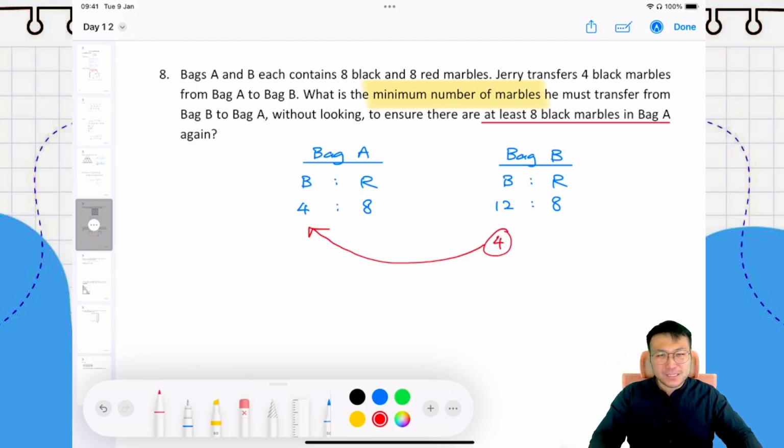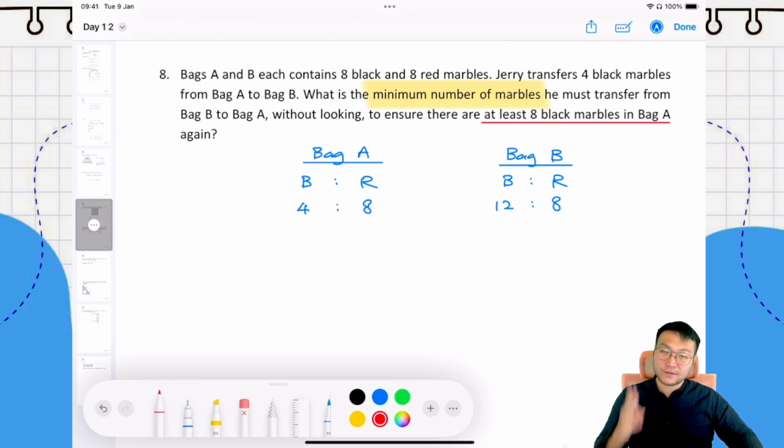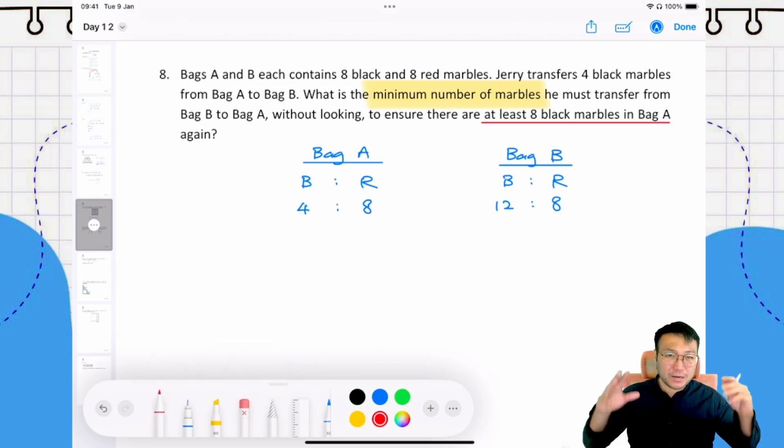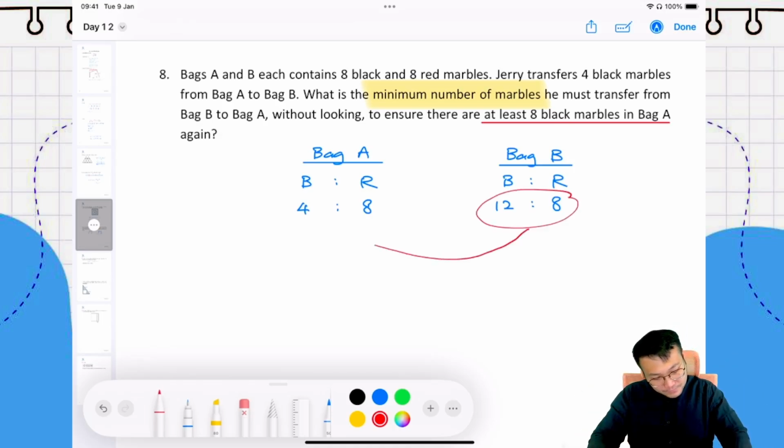What if you take 4 and all of them are red? Will you manage to get 8 black marbles in bag A? No, you will not. So the question is, at least how many marbles must he take to guarantee that after taking, you will have at least 8 black marbles in bag A.